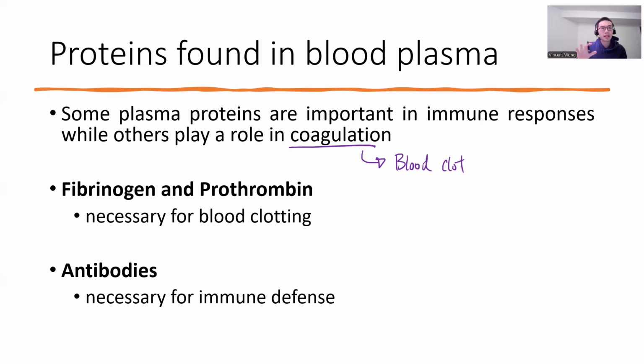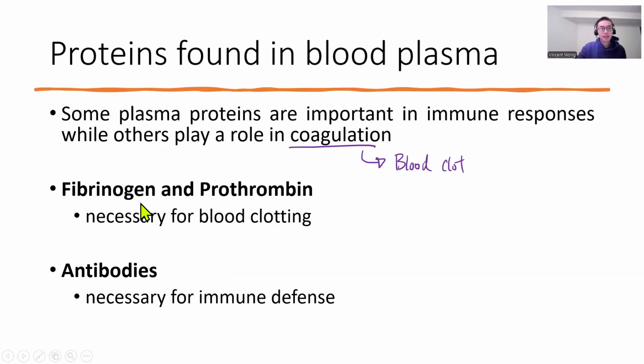The ultimate goal of your immune system is to create antibodies to fight off an invader, whether it's a bacteria or virus. And these antibodies, once you make them, will be in your plasma. Plasma is the liquid portion of your blood.